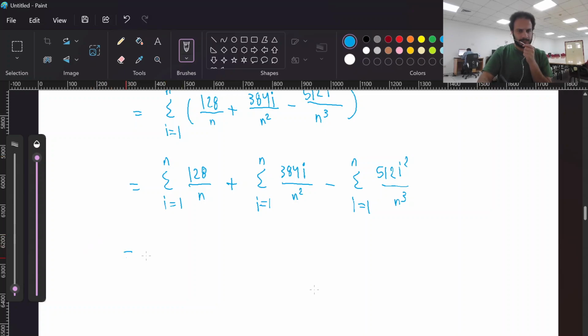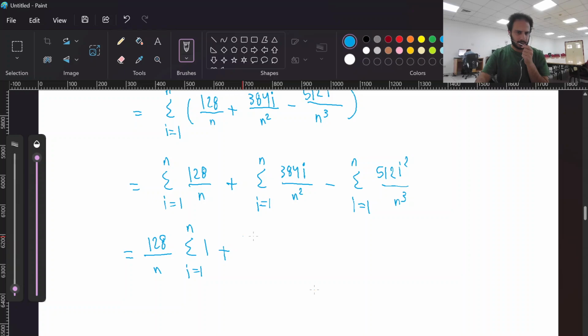So equals 128 over n summation i equals 1 to n of 1, right? Because if I take 128 over n out, I am left with 1, right? Then plus the next sum, take out 384 over n squared.